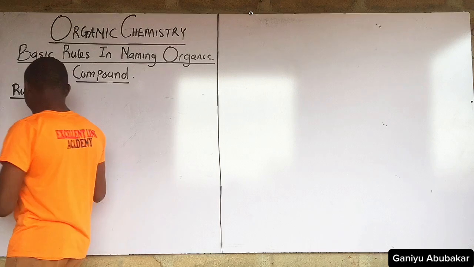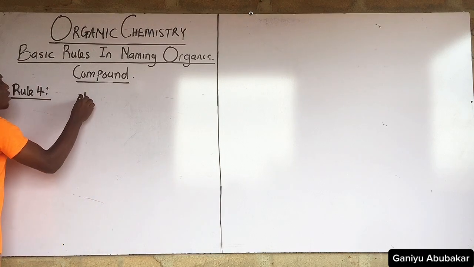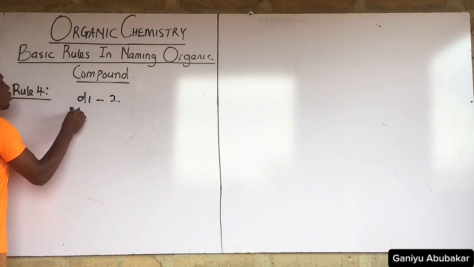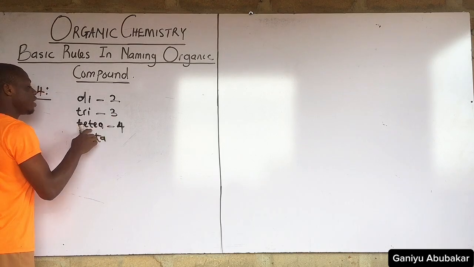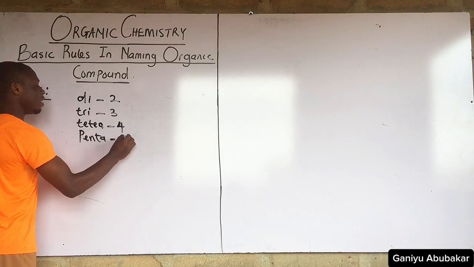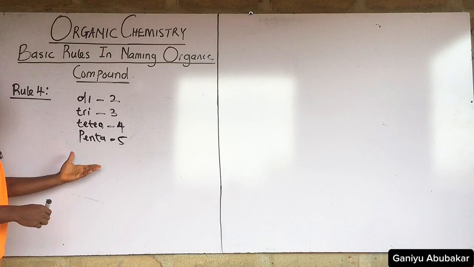That is, di for 2, tri for 3, tetra for 4, penta for 5, and it continues in this pattern.